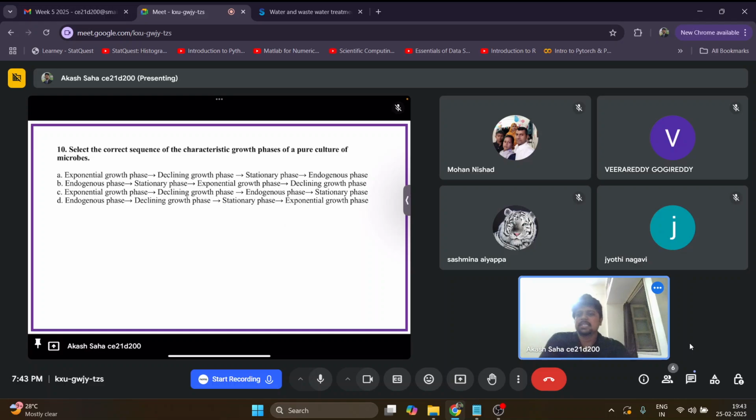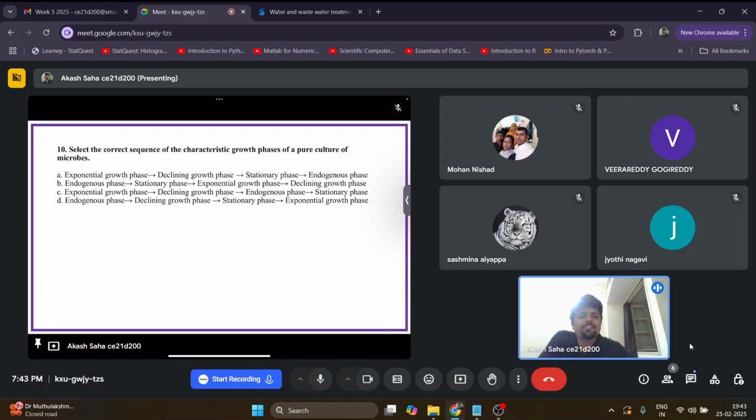Select the correct sequence of the characteristic growth phases of a pure culture of microbes. So we have different phases of growth for any microbe, and you have to tell me which one is the correct sequence. Please look into it. I think there's no point in reading out all the options, so just see the options and tell me which one will be correct.